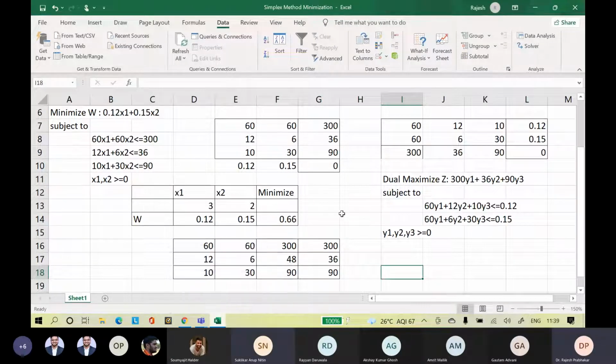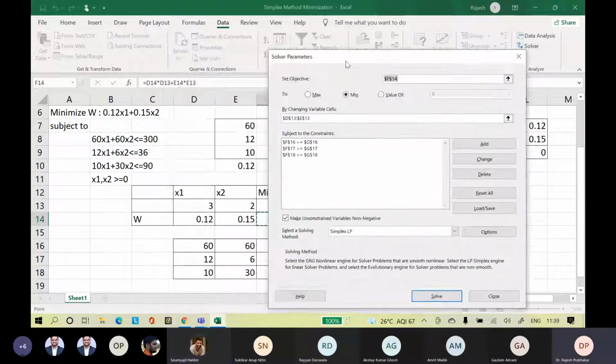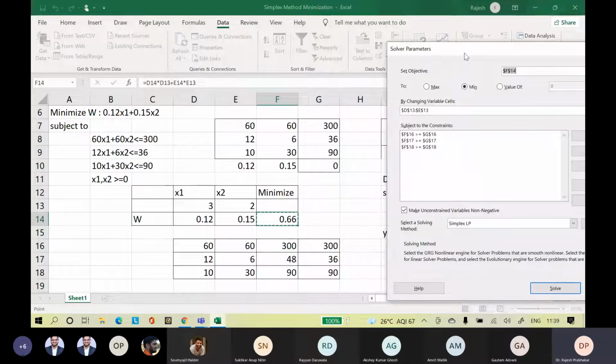So, sir, do we have to select minimization or maximization in Solver?